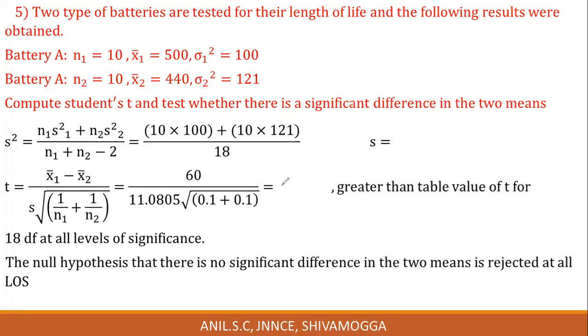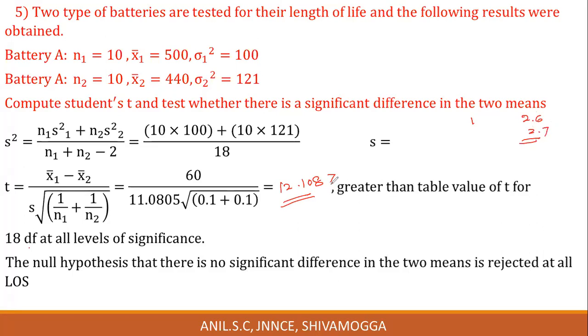12.108. That's right. And 12.108 is greater than all the table values of t for 18 degrees of freedom at all levels of significance. Usually those table values go from 1 to 2.6, 2.7.